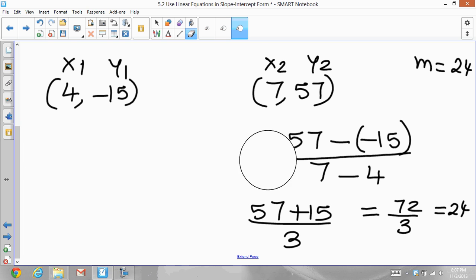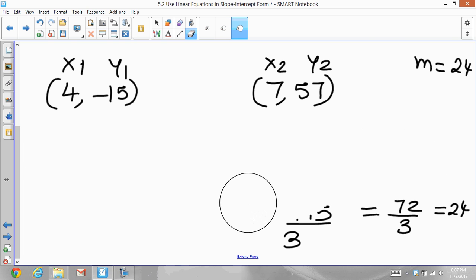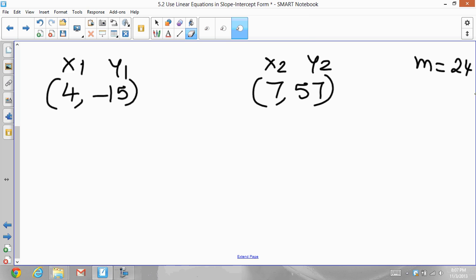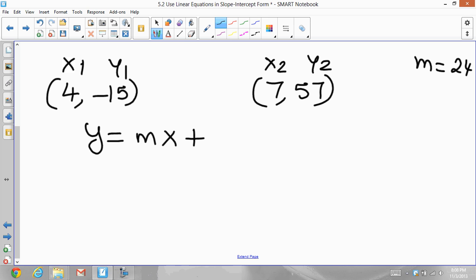So step number 1 is done. You found the slope. Now step number 2 is the multi-steps. So step number 2, you are going to use the slope, which is this, and you're going to take any one of these points. It does not matter whether you take the first point or whether you take the second point. So I'm going to take this first point. I'm going to go back to the original equation, y equals mx plus b.